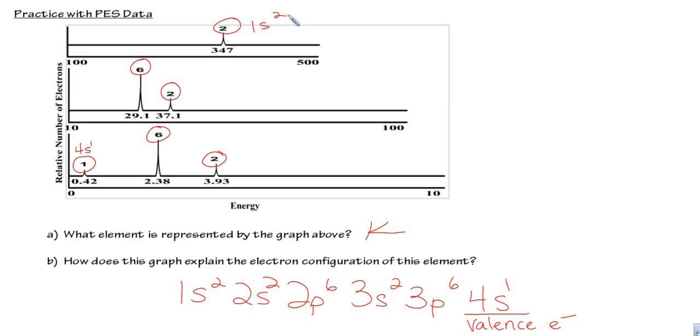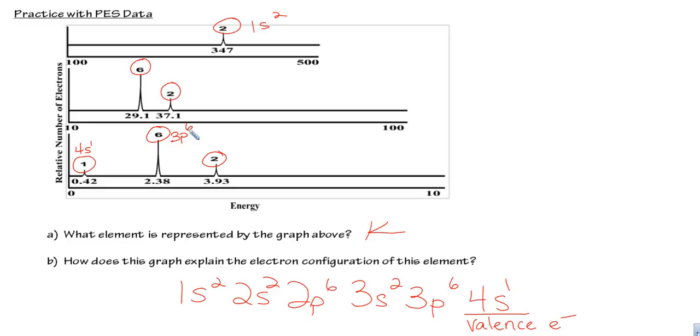So let's work from the back to the front. These must be the 3p6. Now, if I were to keep removing more electrons, and I only want to remove the 4s electron, that's going to provide me with a stable ion with full orbitals. But if I kept going, obviously the ionization energy gradually increases as I pull electrons that are closer and closer to the nucleus.